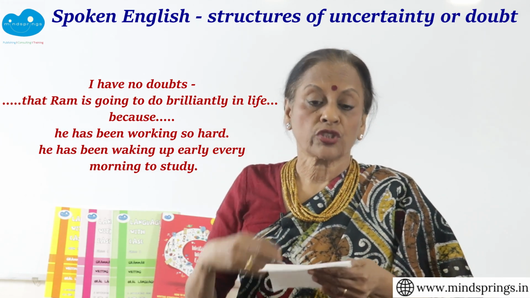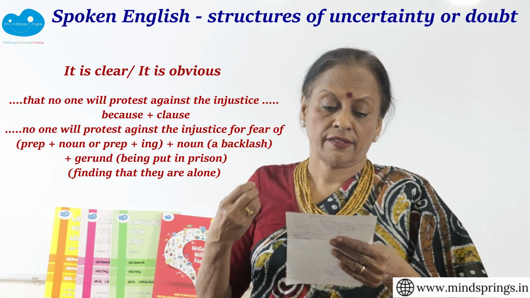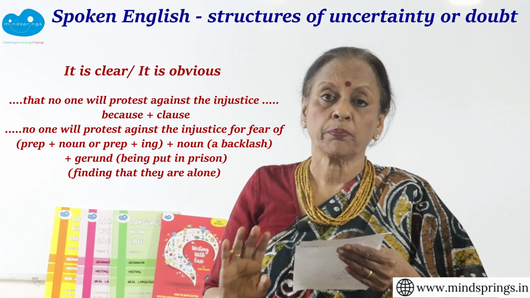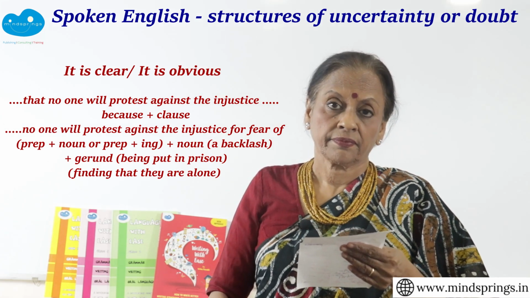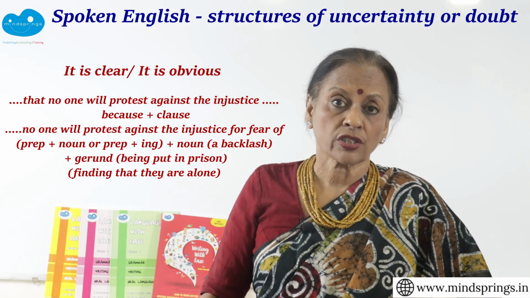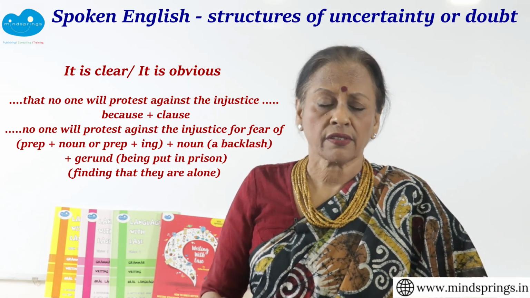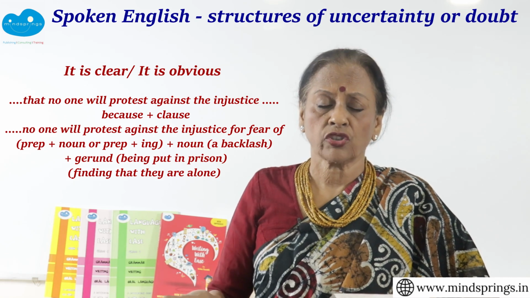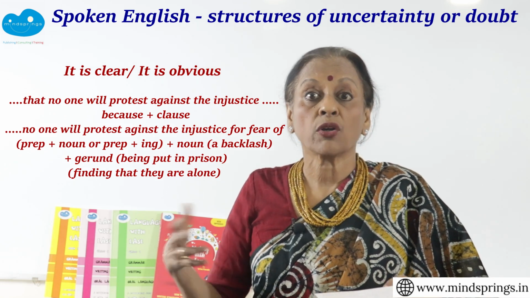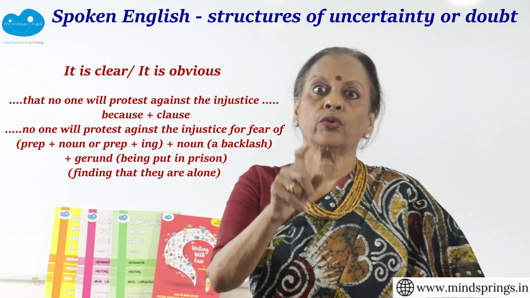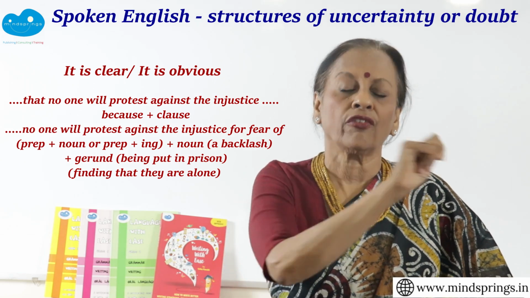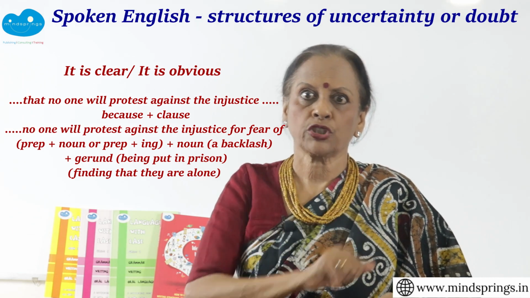The other way to do it is to say it is clear, it's obvious that no one will protest. No one will protest against injustice. It is clear, it's obvious, no one will protest against the injustice. And again you can say because, or you can say for fear of. So you can use a prepositional phrase.